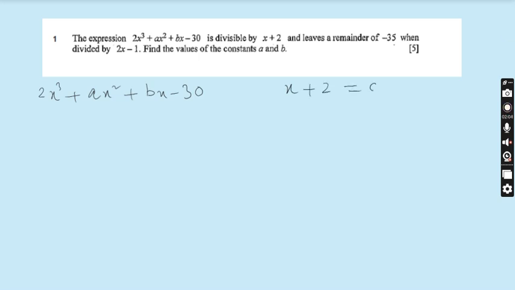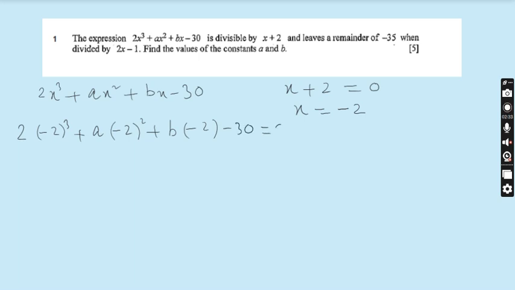So x plus 2 equals 0, x is equal to negative 2. So put x equals negative 2 in the given expression. So negative 2 cube plus a negative 2 square plus b negative 2 minus 30.